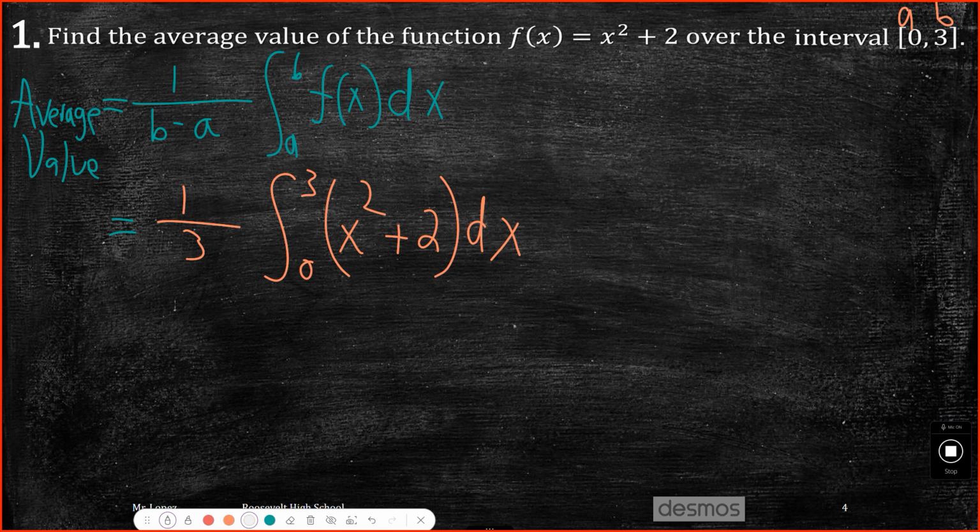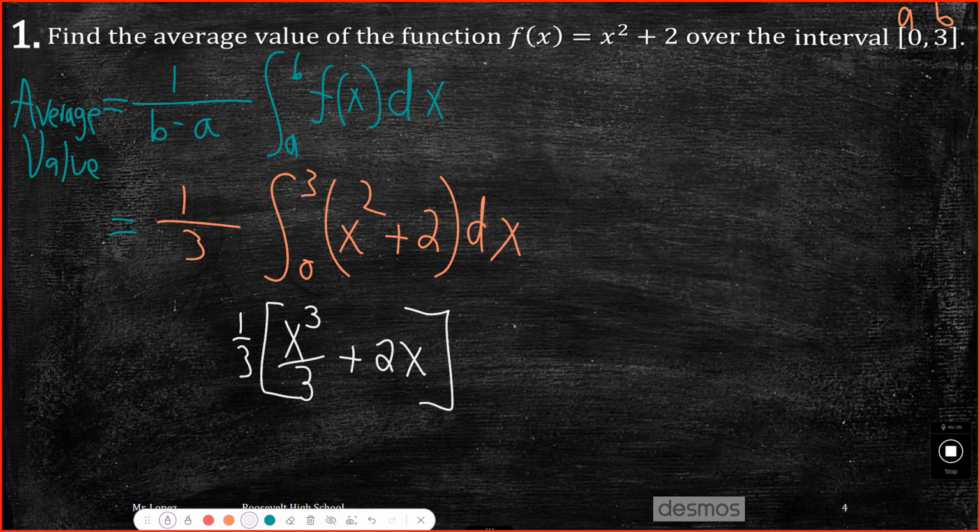The integral of x squared is x to the third over 3 plus 2x. Let me do this. The algebra is the problem. It's not 1/2, it's 1/3 out here.